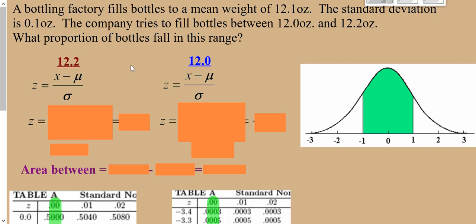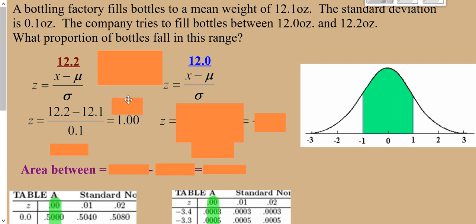So what about if you're looking for in between? Here we have a mean, we have a standard deviation, and we are looking for what's in between 12.0 and 12.2. So for 12.2, we go 12.2 minus our mean over the standard deviation, and this gives us 1.